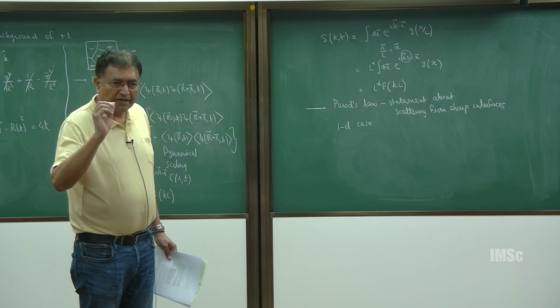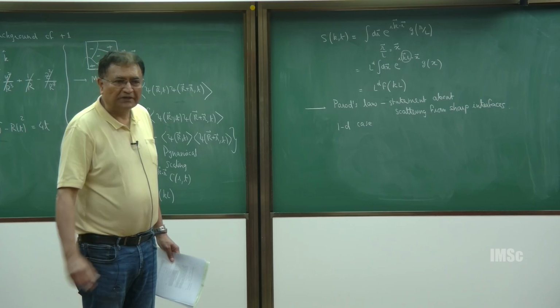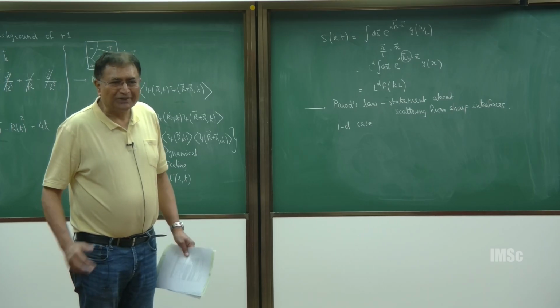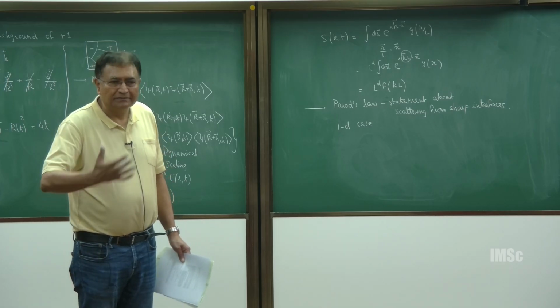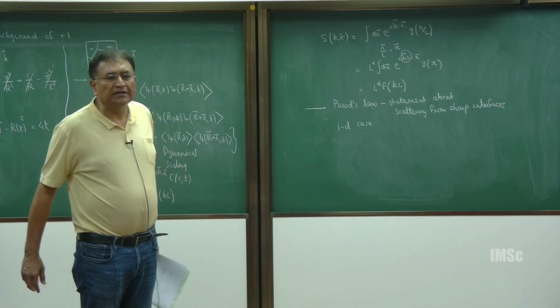It means that if you scatter a beam of light or something and you have sharp interfaces in the system, what will they give rise to in terms of the properties of the structure factor? Will they give rise to anything interesting?